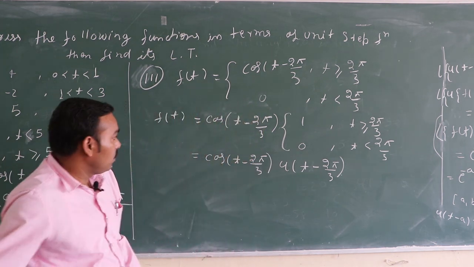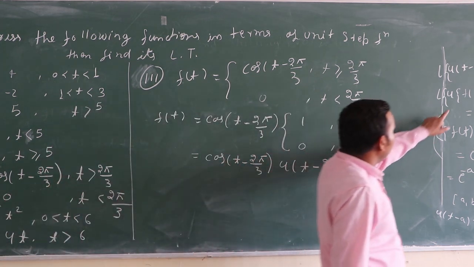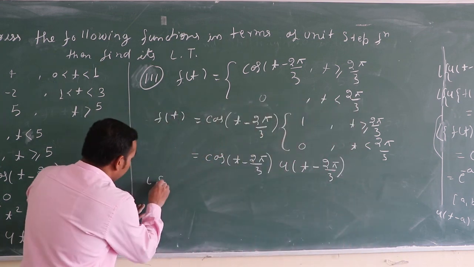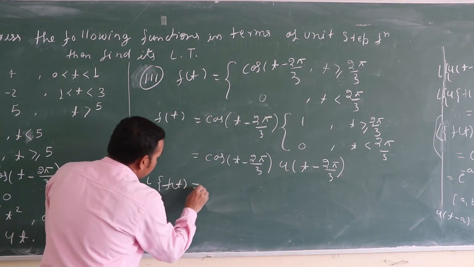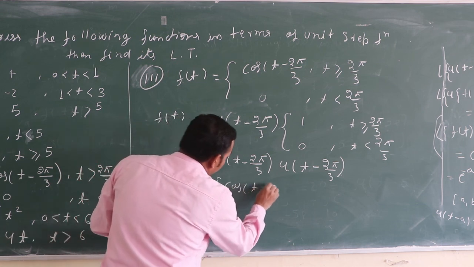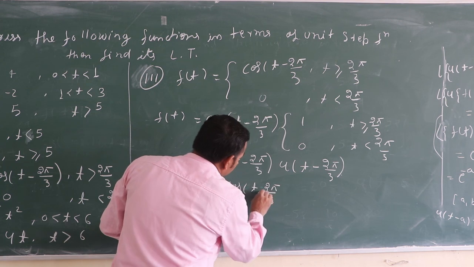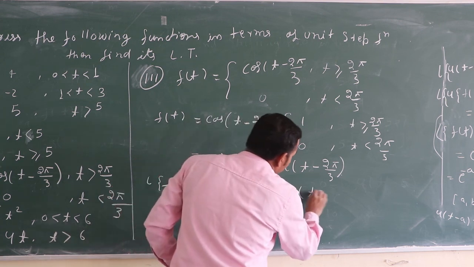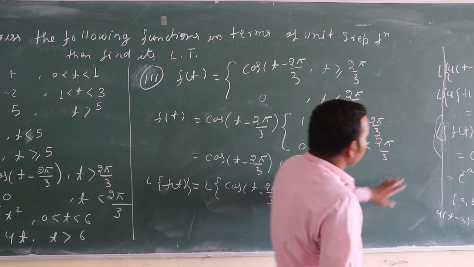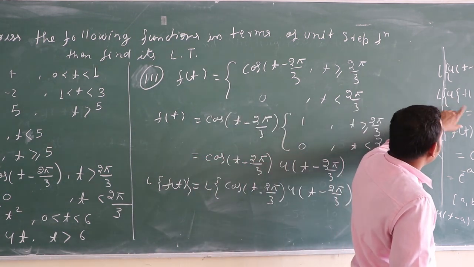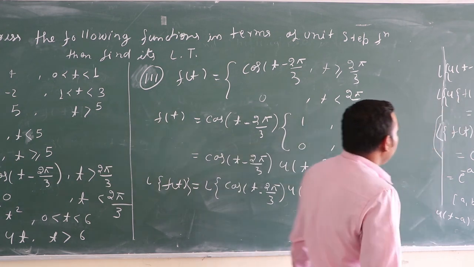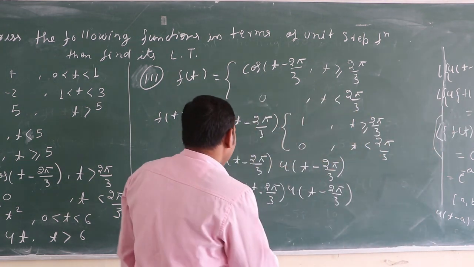As we know, now find the Laplace of f of t, that is equal to Laplace of cos of (t minus 2 pi upon 3) times u(t minus 2 pi upon 3). So Laplace of u(t minus a) f(t minus a) equals e to the power minus as times F of s.